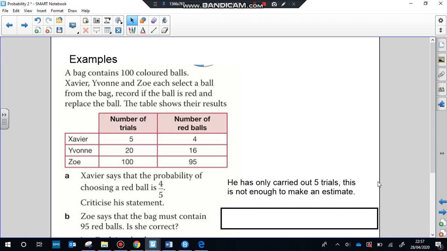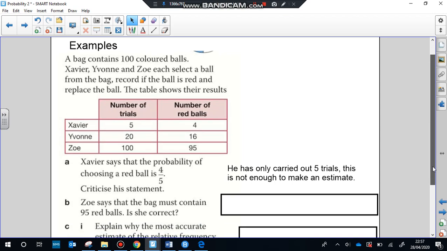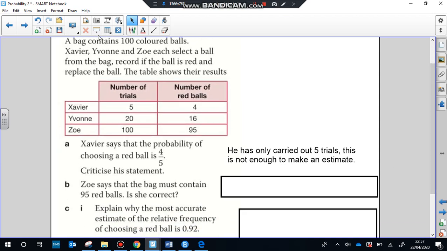So then part B, Zoe says that the bag must contain 95 red balls. Is she correct? Okay. So we know there were 100 coloured balls in there in total, and we know that Zoe pulled out 95 red balls. Does that mean there were 95 red balls in there to start with?